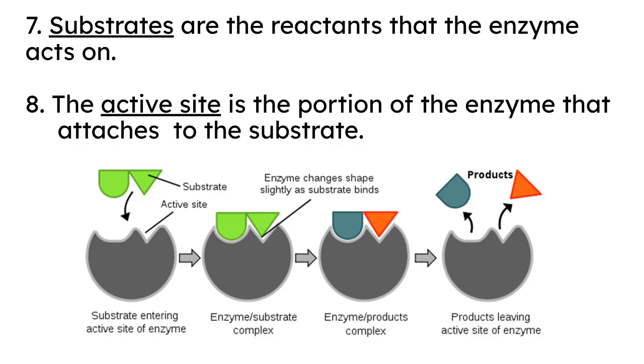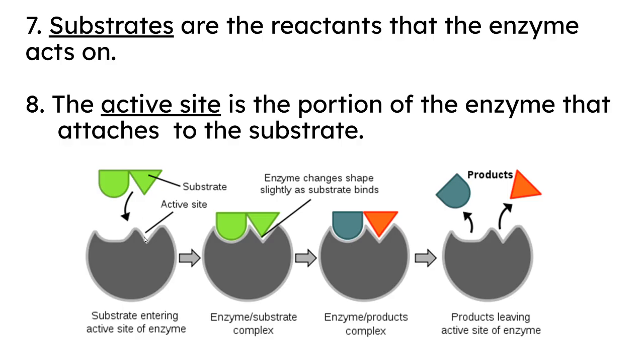So the substrate is the thing that it's going to work on. In this example, we have this gray enzyme, and that enzyme has a specific shape with a weird divot here and what looks like a 90-degree angle right there. That specific shape aligns with this specific substrate. So this enzyme can only work on this substrate because it has that shape.